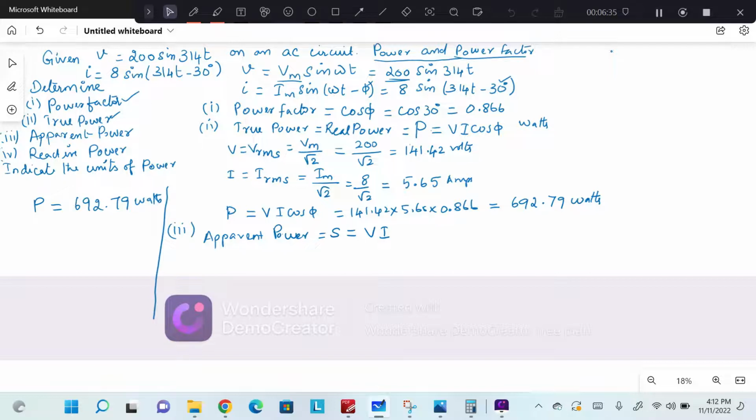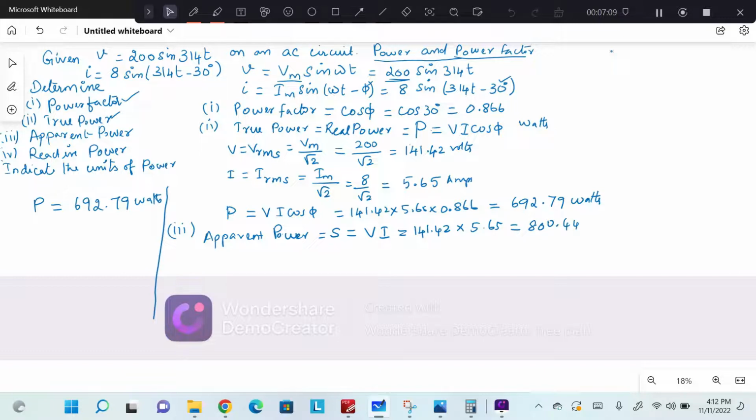V and I we have already calculated. So we can calculate 141.42 into 5.65, that is given by, if you calculate 141.42 into 5.66, you will be getting a value of 800.44.